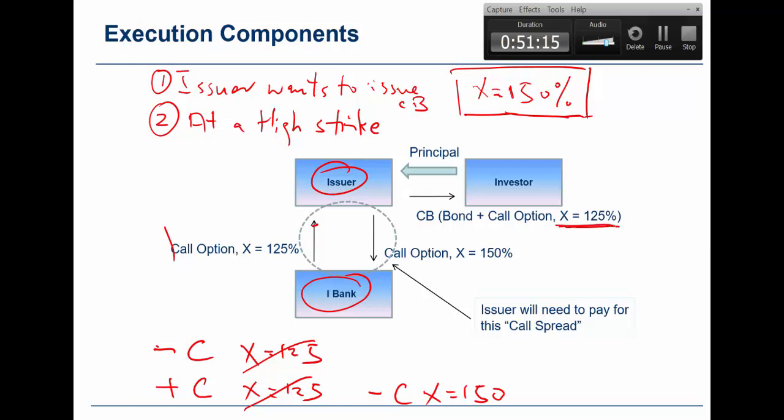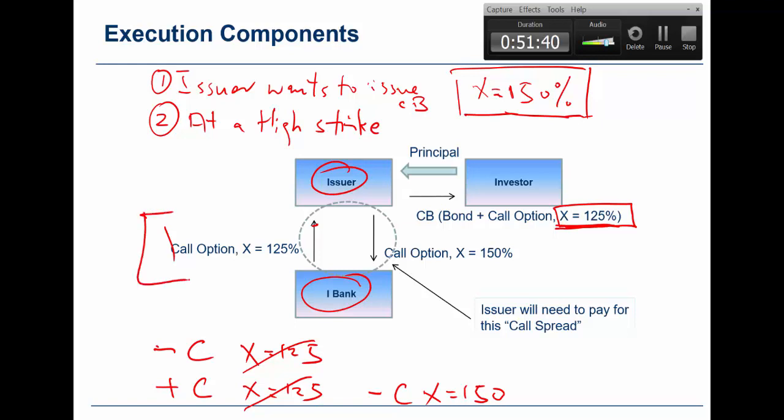Okay, but they don't really want to sell their shares at this price. They would prefer to sell it at a much higher price, let's say 150. But the problem is no one is going to be interested to buy a CB where the conversion strike is so far away. So what you do is you trade what's called a call spread.